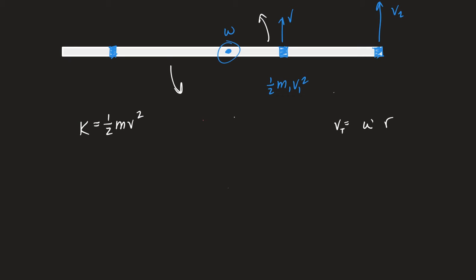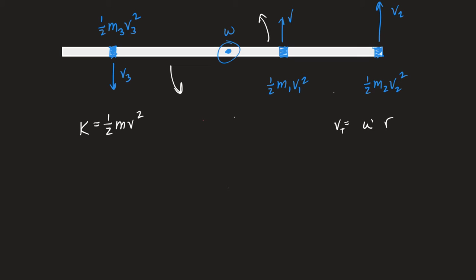And I know that its kinetic energy must be 1/2 m2 v2 squared. And lastly, this piece must have a velocity, I'll call that v3. And it must have kinetic energy 1/2 m3 v3 squared.